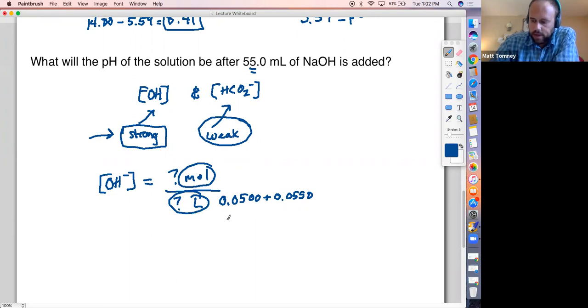How do I get moles of hydroxide? I've titrated 55 milliliters of it, and I do know that the concentration is 0.250 molarity. So can I just take this times 55 milliliters, or 0.055 liters, and find the total amount of hydroxide in solution?